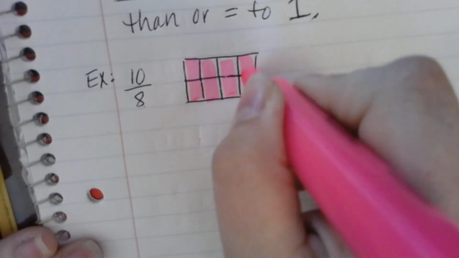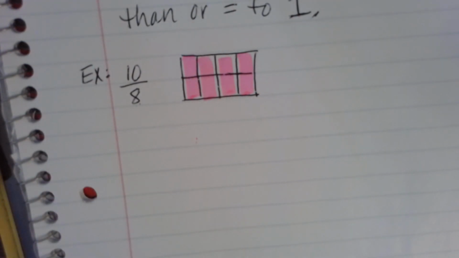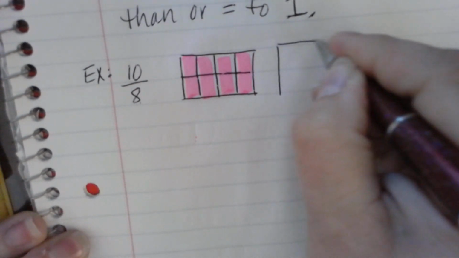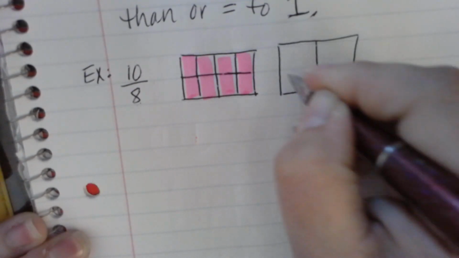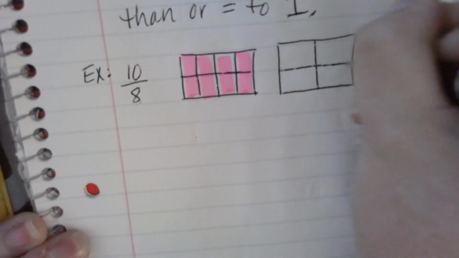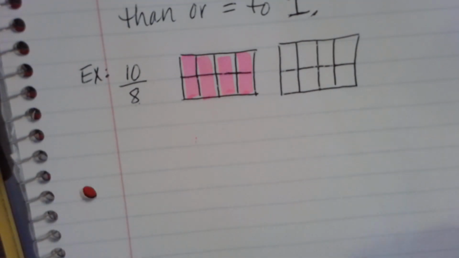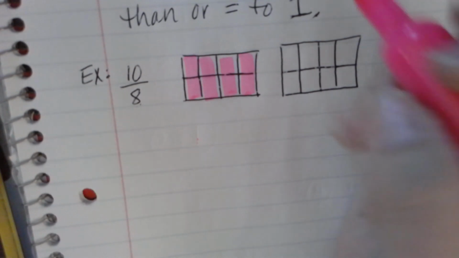You can just scribble scrabble in there if you need to. So what I need to do is I still have 2 more slices of cake to shade. So I'm going to make another cake here with 8 slices, and I'm going to go ahead and shade in slices 9 and 10.